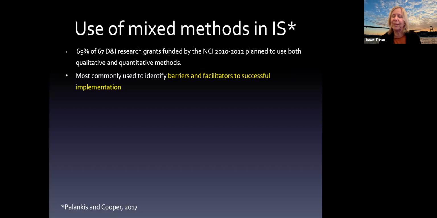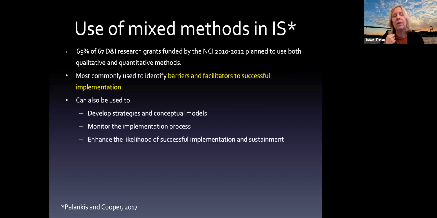So you're doing an implementation science trial, you're scaling something up and looking at how it's implemented. You can use qualitative and quantitative methods to look at the barriers and facilitators. You can also use mixed methods research to help you develop implementation strategies and conceptual models.